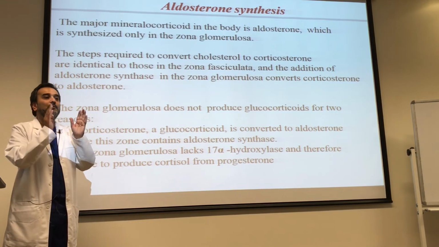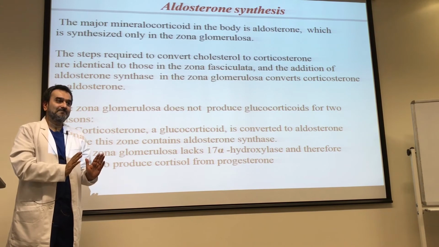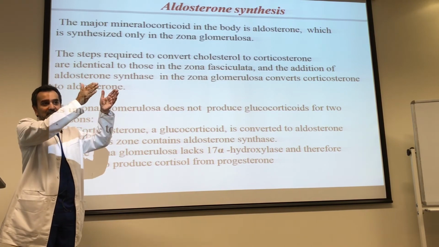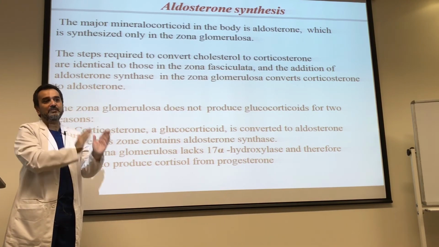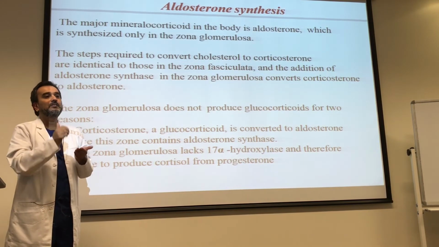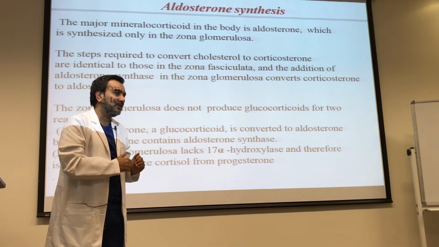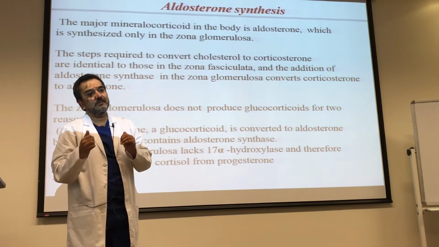You can only produce progesterone from pregnenolone. So you are not producing 17-hydroxypregnenolone, which is important in the synthesis of cortisol, but it is not important in the synthesis of corticosterone.